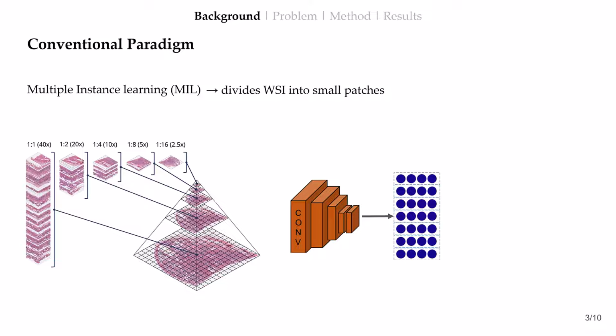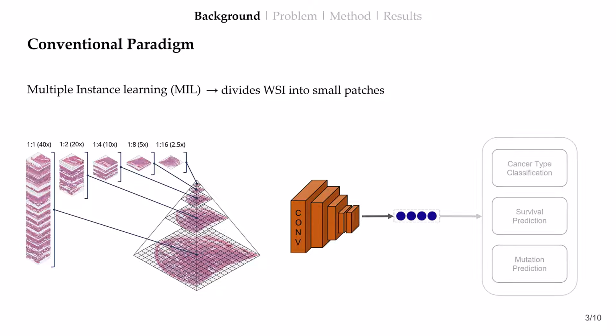Finally, using an aggregation method, which can be a simple pooling operation, like mean pooling, attention pooling, or even a variational pooling, they represent the whole slide image with only one single vector. And finally, we can use this single representation for downstream tasks like cancer type classification, survival prediction, or even mutation prediction.